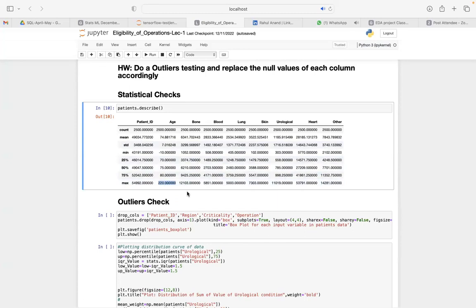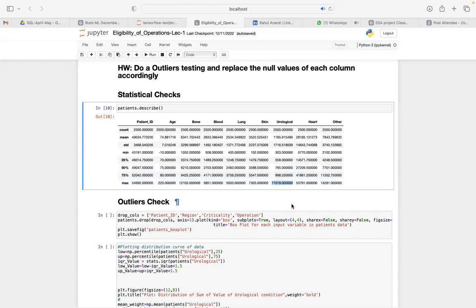It can be a small effect, because that is only one value among 2500 rows, and we are taking an average. But in the case of urological, it goes from 998 to 11019, so that particular number is highly influential.